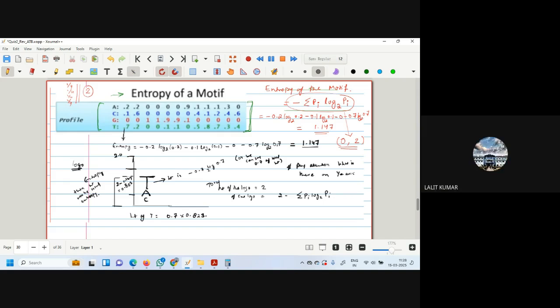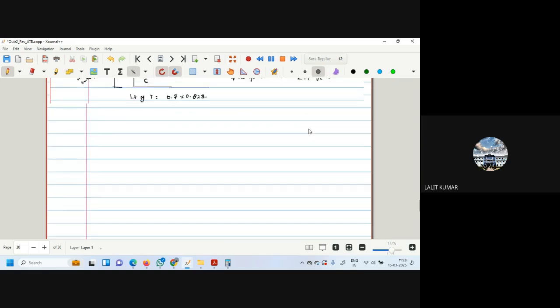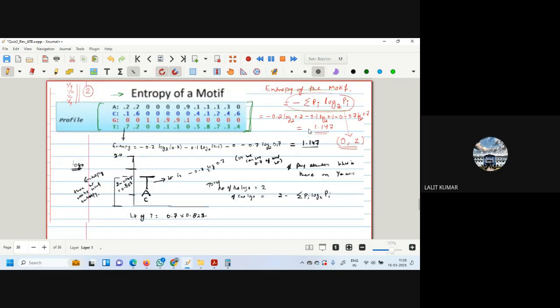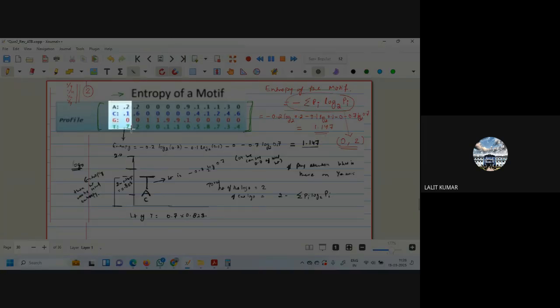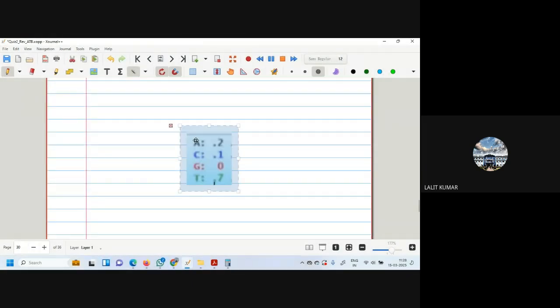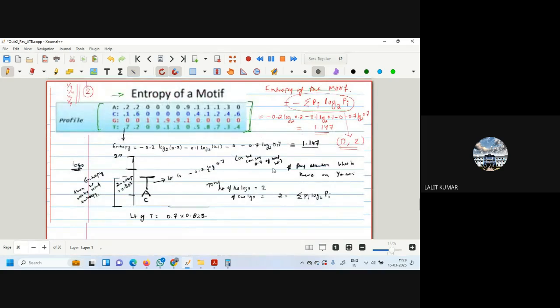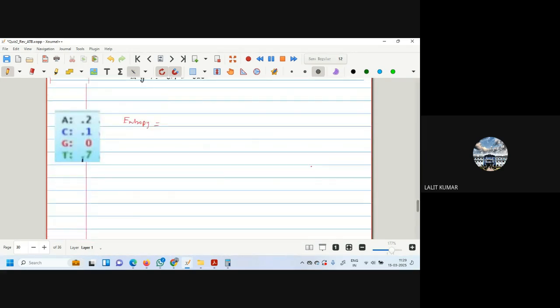Okay. Now with this, how do you make the logo? I will take this example. We have found the entropy; the entropy had come around 1.147.